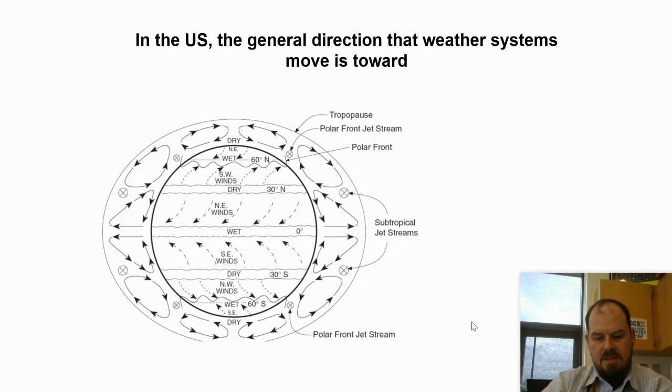So here is a picture, and this is at the bottom of your notes. It's on the top of the next page. You're going to want to take a little bit of notes, and then we're going to get into the Coriolis effect.